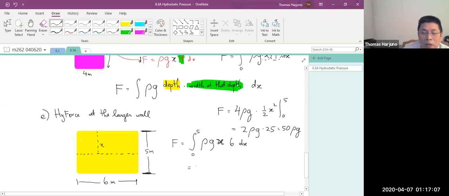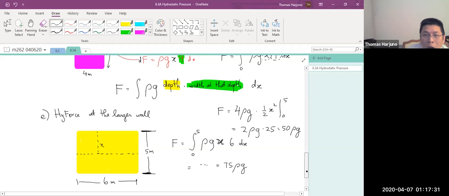Okay, that's the setup, and I think if you integrate this, you will get 75 rho g. The type of questions you have here are actually on the easy side, because notice that for any depth you choose here, the width is the same, it's constant 6, right?